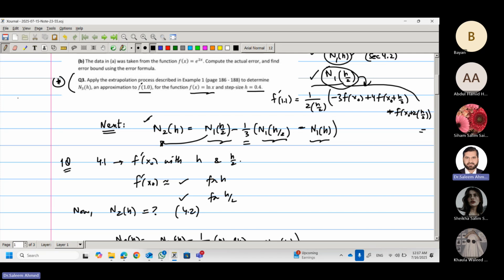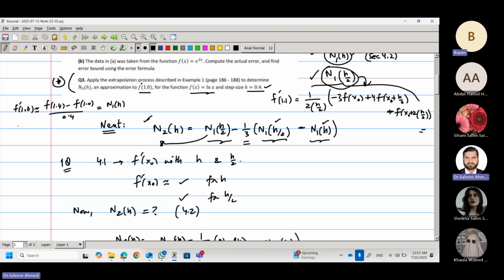Now, if you take N1, you need N1 at h and at h by 2. So first you will go with 1.0 with h 0.4, right? So it will be f of 1.4 minus f of 1.0 divided by 0.4. Agree? Yes. Got this formula? Whatever answer you get, this is N1H.